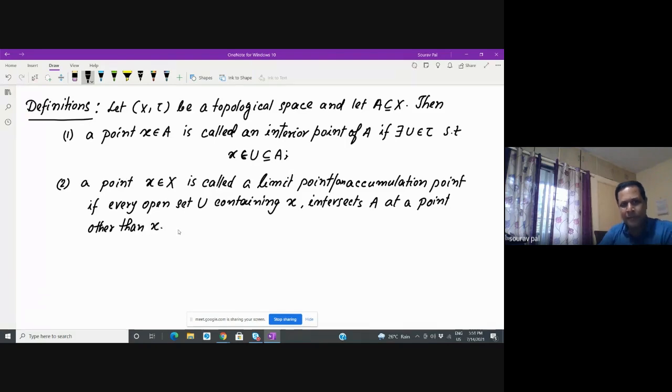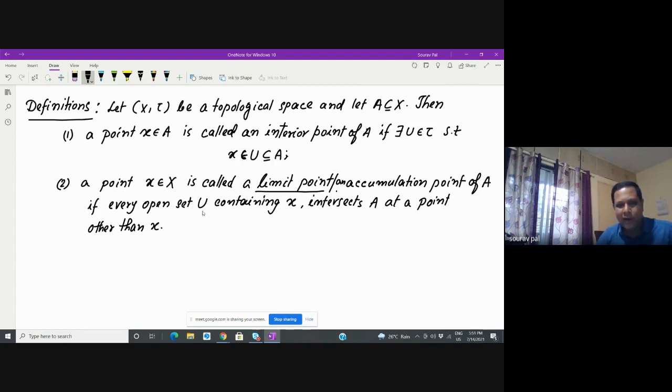What does it mean? When we talk about a limit point or an accumulation point, this is something that may not belong to the set itself. An accumulation point of A may not belong to A.